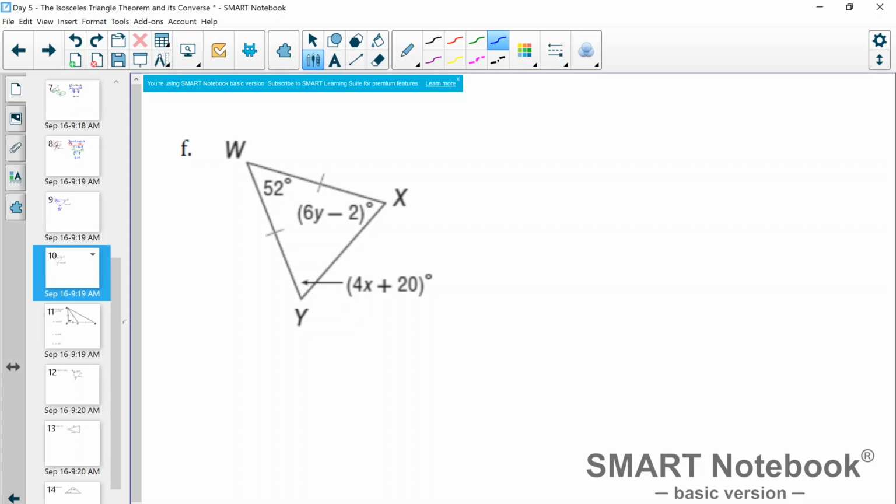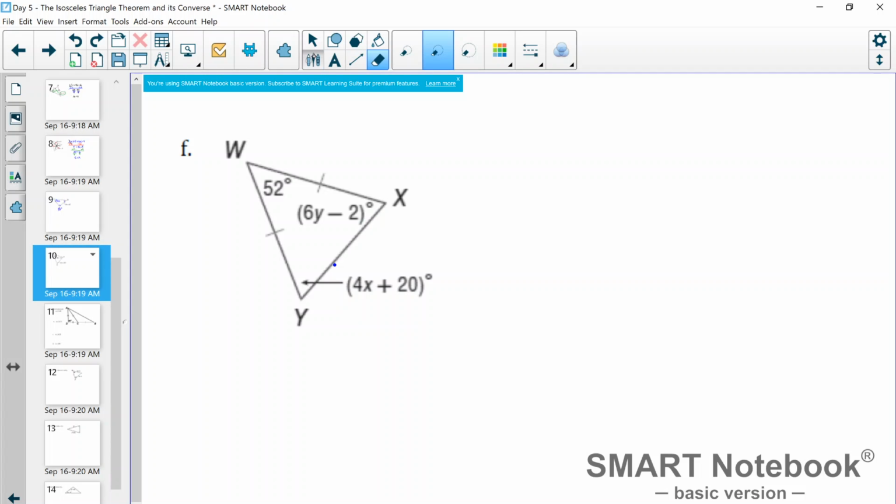F, same deal. We got two markings here. So this angle x, 6y minus 2, is going to be the same down here. Gives us 4x plus 20. Now, we do have different variables in this case, but because they're the same, all I have to do is replace.